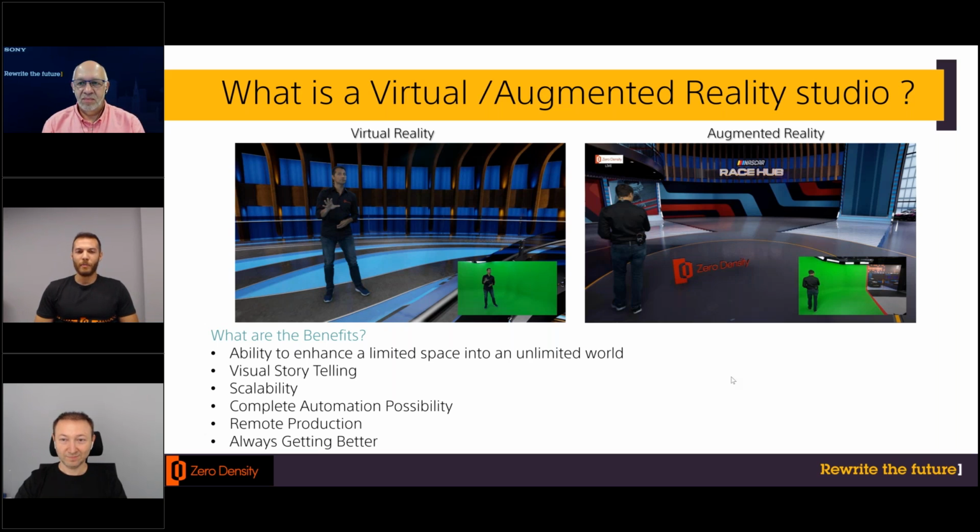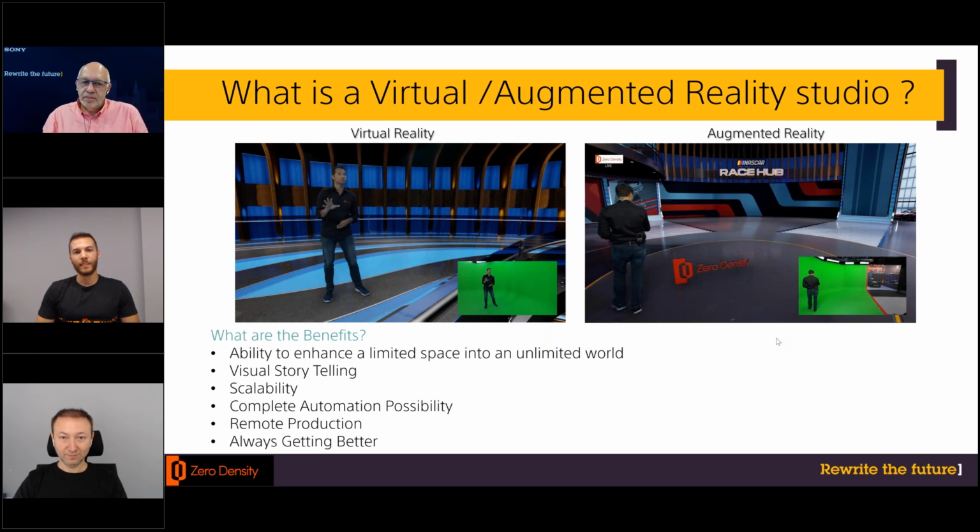So our slide is about what is a virtual and augmented reality studio. Those are the two main use areas for the technology. A virtual set or virtual reality studio we can define as a talent or a presenter inside of a green or blue studio, where we provide real-time virtual graphics and composite them inside of that virtual world.